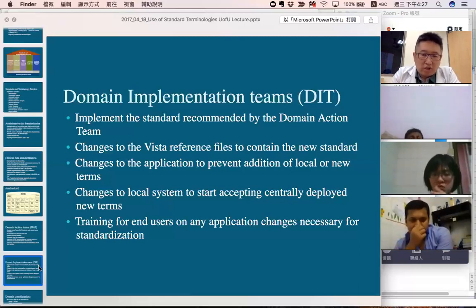They only had 10 people for that, including the DBA and software development, and also some clinicians or nurses for evaluating the practical usage.